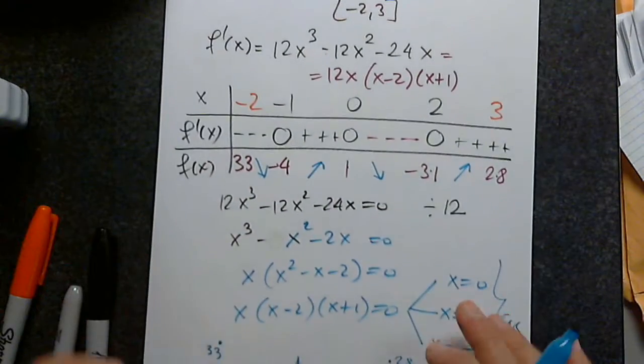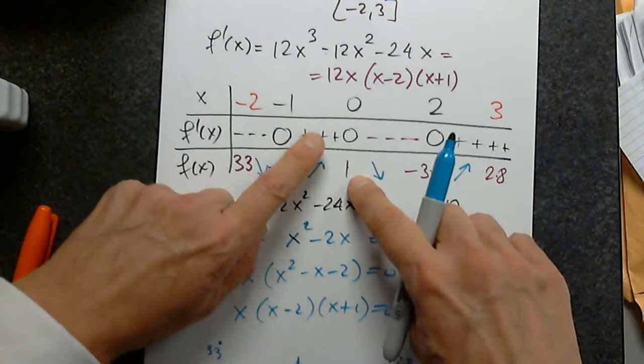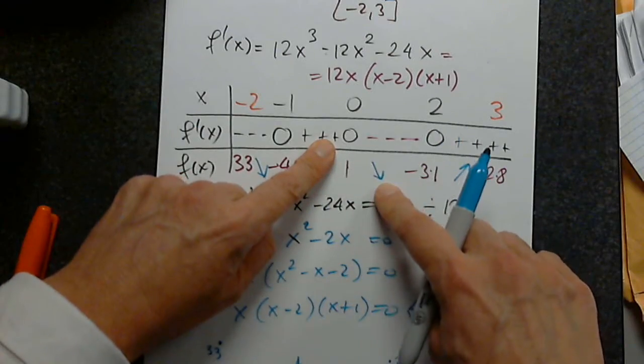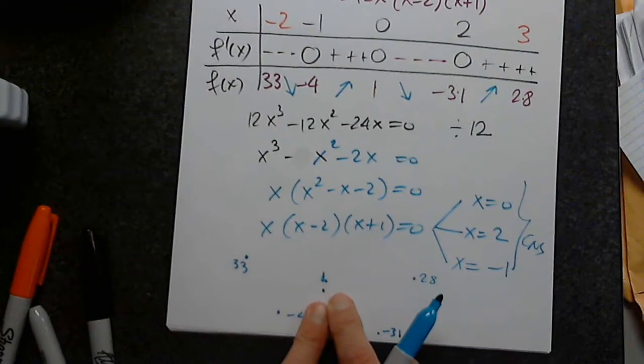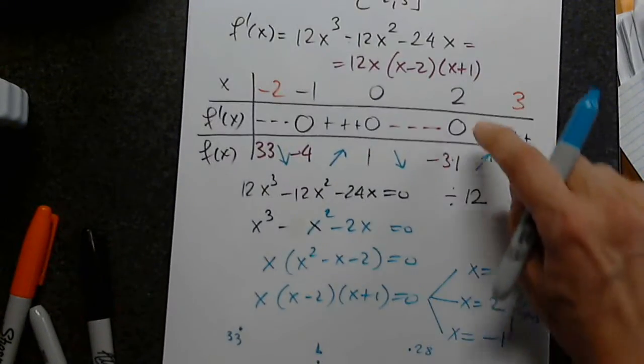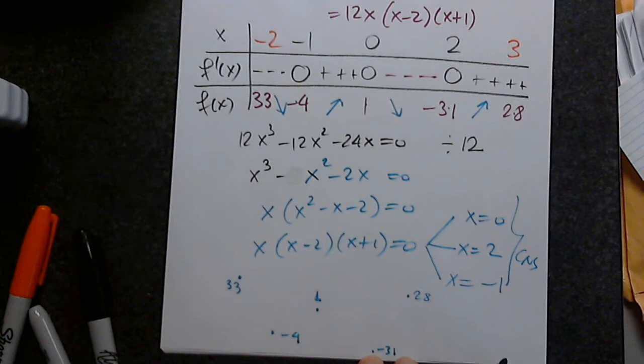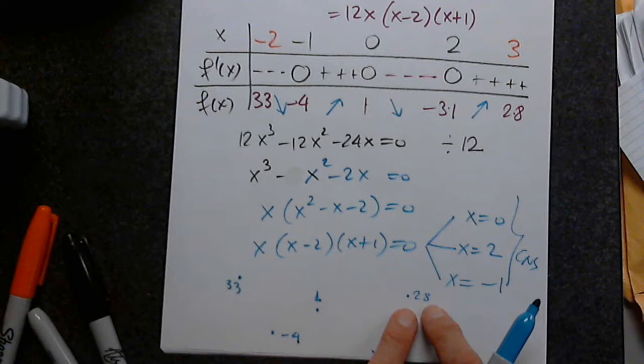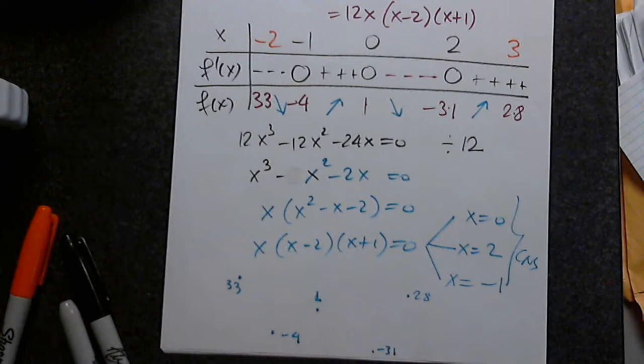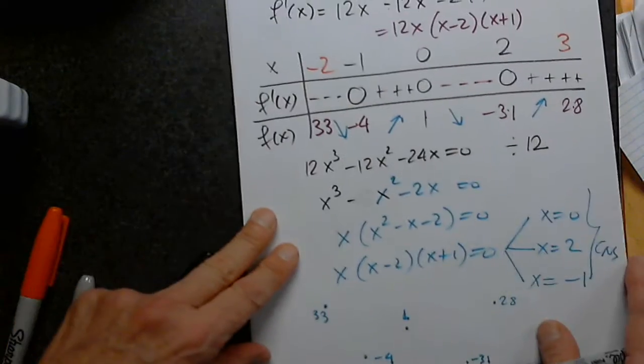The derivative changes sign. Okay, 0, 1. It's up and down, right? So this will be a local maximum. Perfect. What about 2, -31? It's going to be local minimum, but also global. Correct. And what about 28? Nothing. That's the analysis for this function.